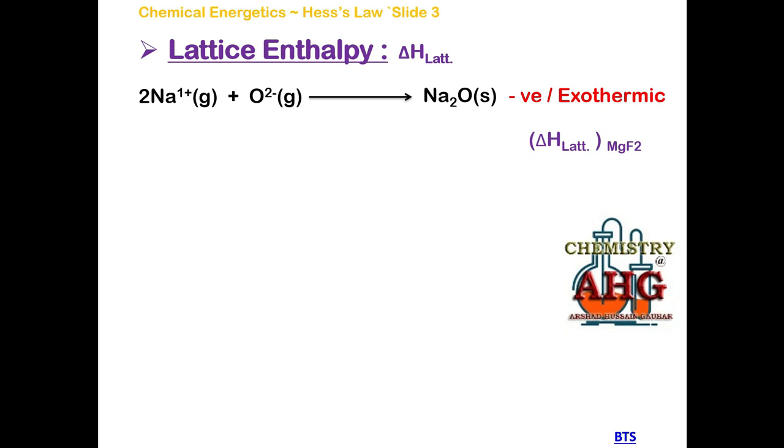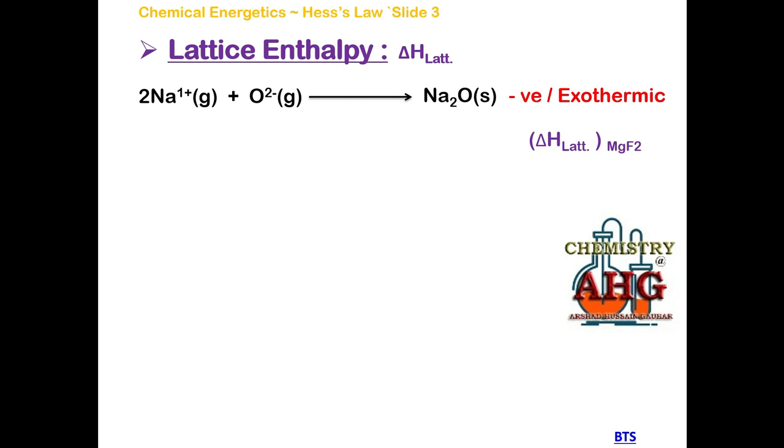If ever you start with elements, elements combine to produce a compound, and that enthalpy change is known as enthalpy change of formation. So remember this difference: enthalpy change of formation starts from elements, lattice enthalpy starts from component gaseous ions.